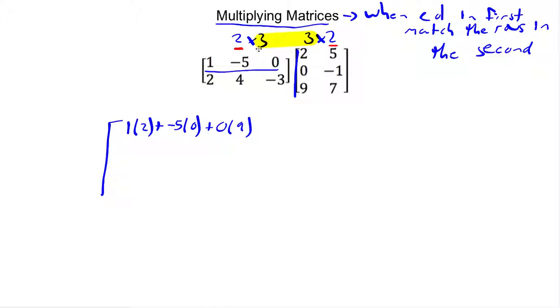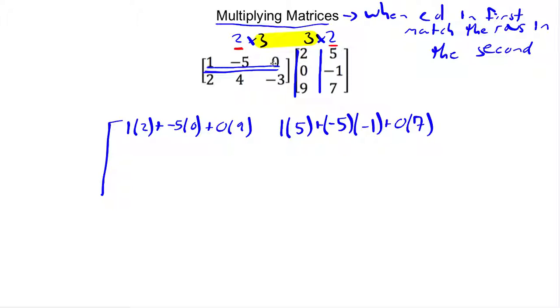Notice I have the first times the first, the second times the second, the third times the third, and I add those pieces together. Now continuing on in that first row, I'm going to multiply by the second column. So I get 1 times 5 plus -5 times -1 plus 0 times 7.